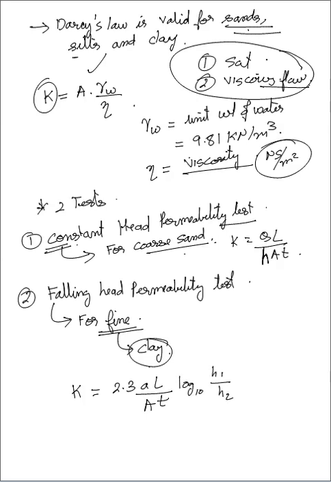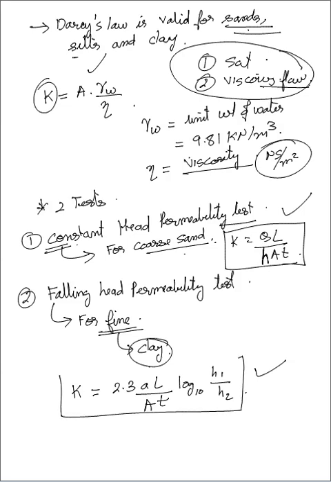Here H1 and H2 are the fall of water level. Capital A is the cross section of the soil sample, and small a is the area of the capillary tube. So these two individual formulas you should know.